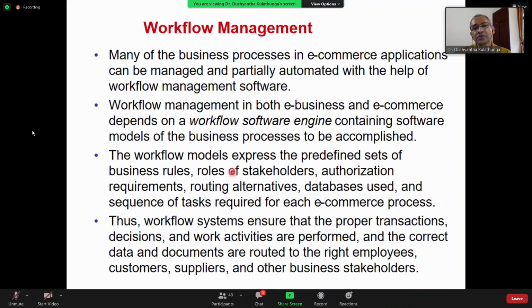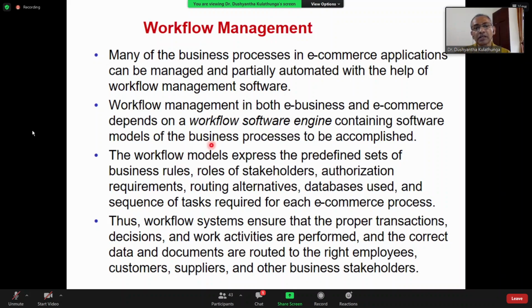So we can use the existing models to automate and define what we want to perform very easily. We are not developing something from the beginning.